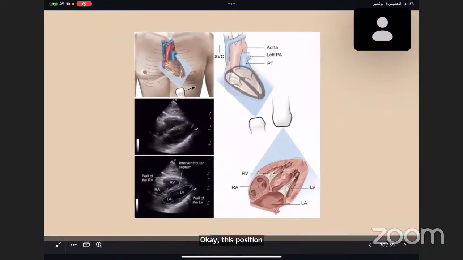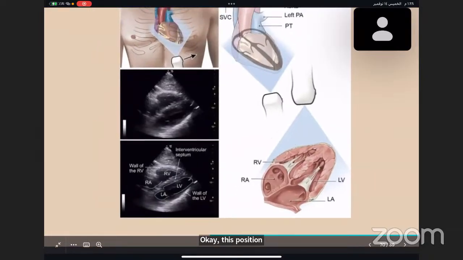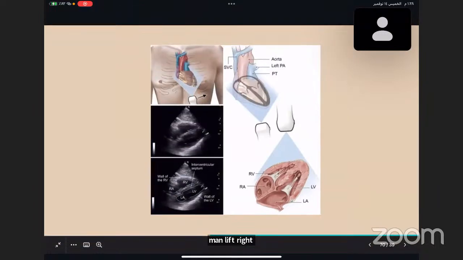subcostal. We can see here the wall of the right ventricle, the interventricular septum, the wall of the left ventricle, left and right ventricle, and left and right atrium.